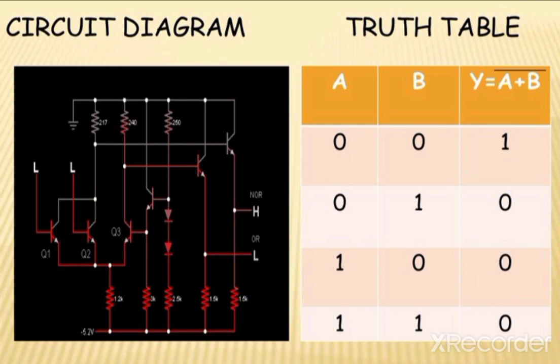This type of configuration uses a NOR logic. NOR logic means if any one input is high, then it will produce a low output. If both the inputs are low, then and only then it will produce a high output, right? We are using emitter coupled logic because we require a high voltage gain.